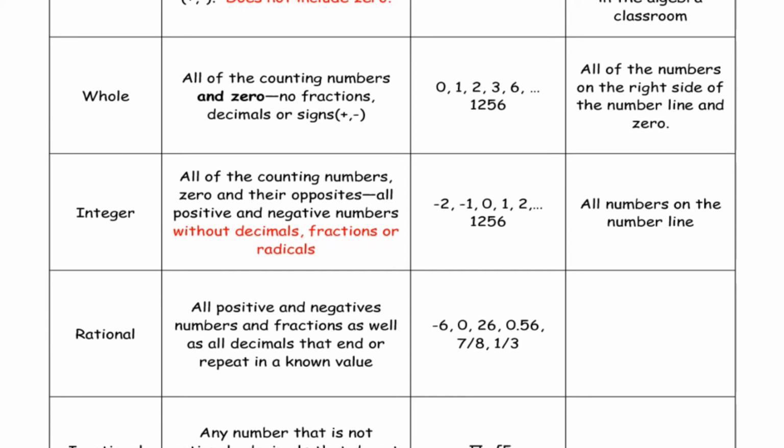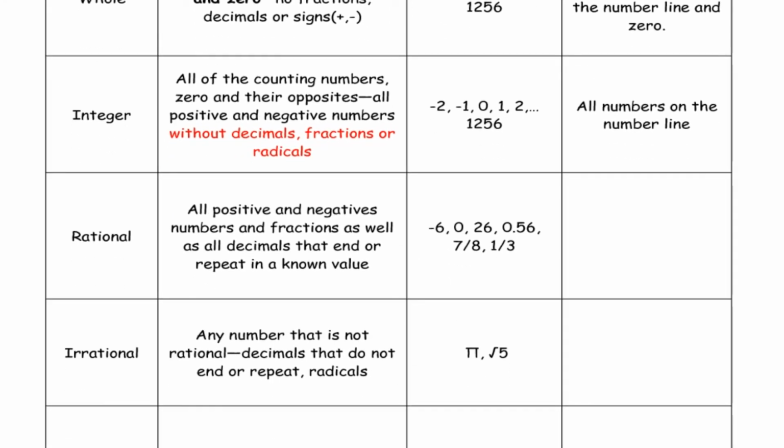All of the counting numbers, 0, and the opposites, which means all positive and negative numbers without decimals, fractions, or radicals. So -2, -1, 0, 1, 2, and so on are all integers. That would include all numbers on the number line.